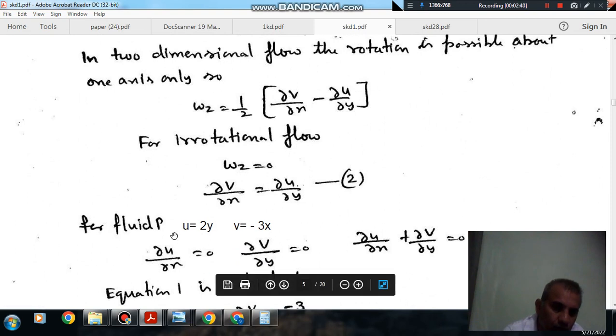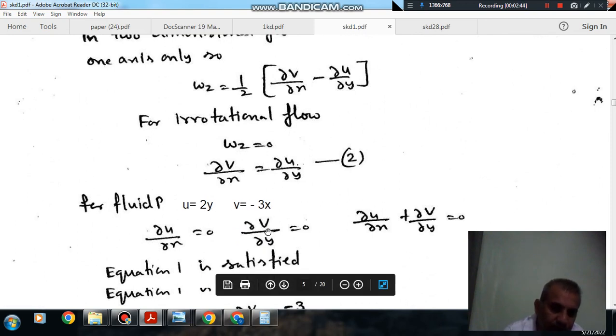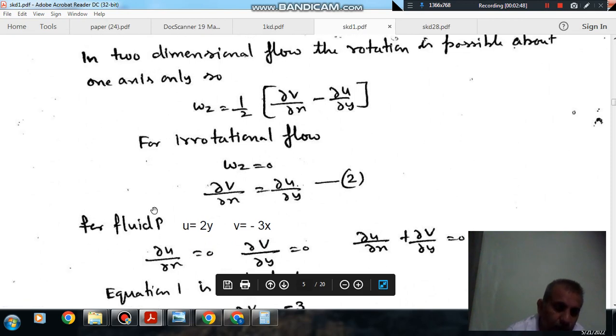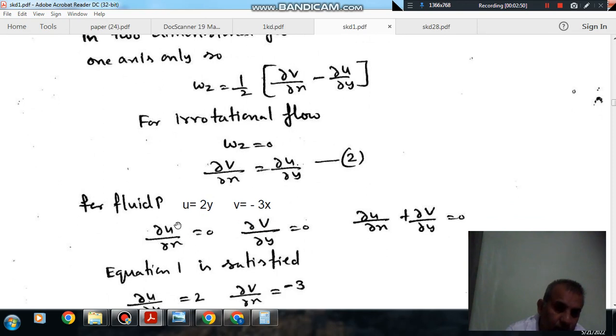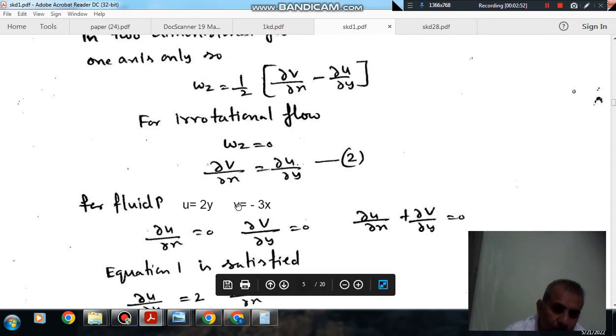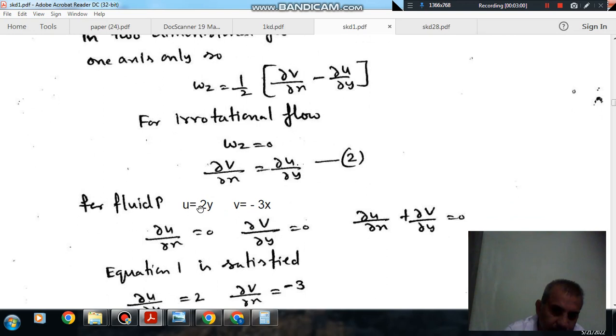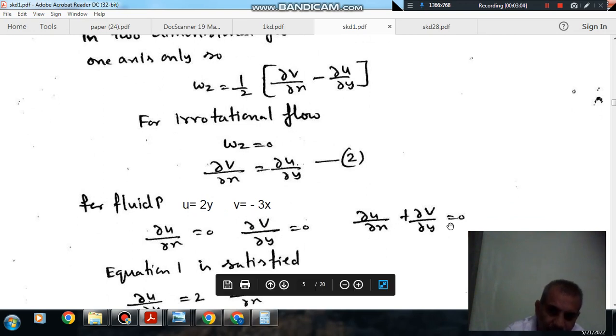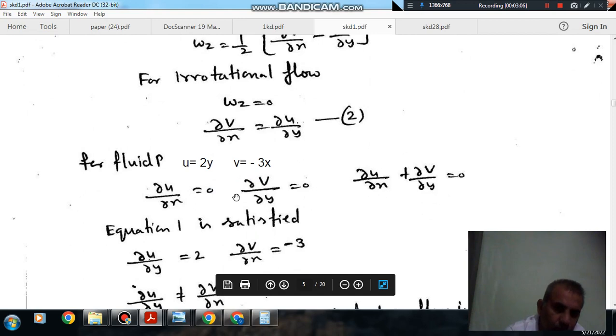So for fluid P, u is equal to 2y and v is equal to minus 3x. Okay, now we check one by one. First of all, checking for fluid P. So ∂u/∂x is 0 and ∂v/∂y is 0, because u is independent of x and v is independent of y. So ∂u/∂x plus ∂v/∂y is 0, so equation 1 is satisfied.